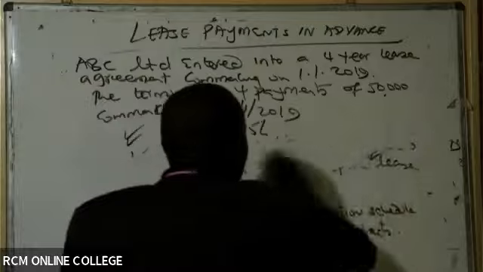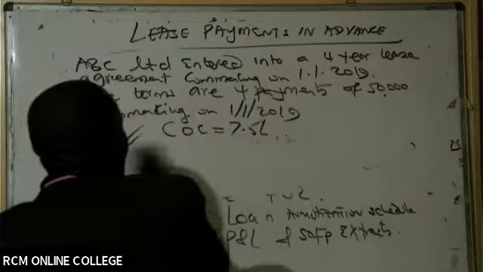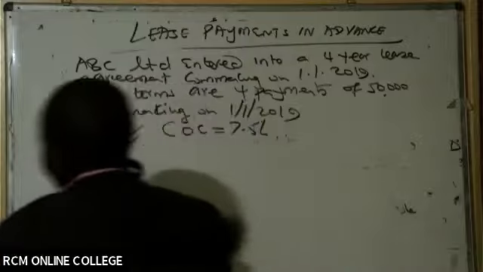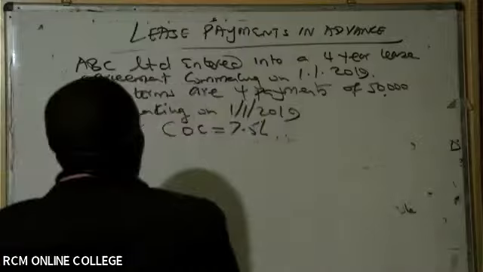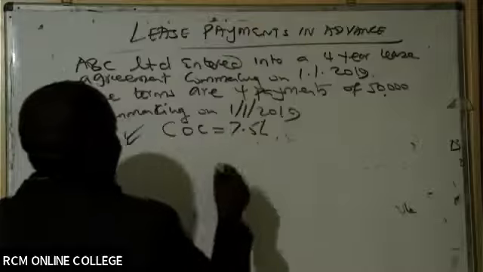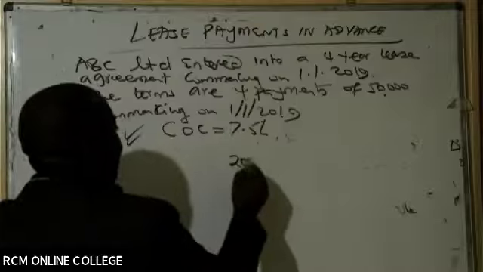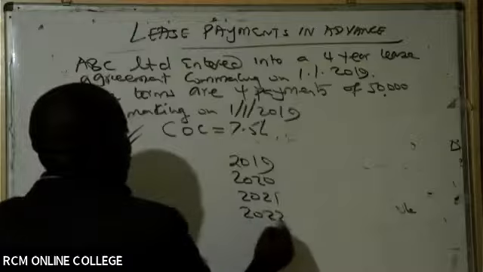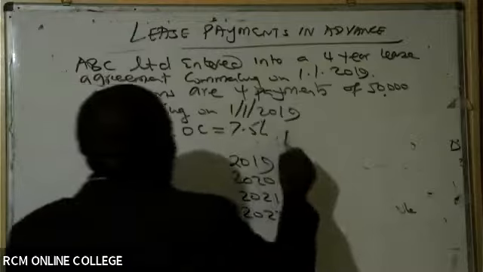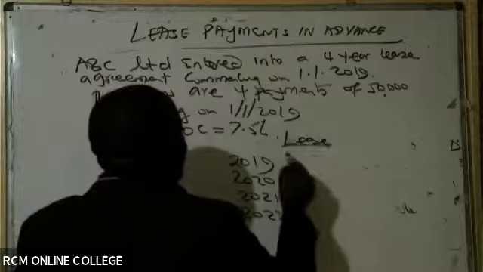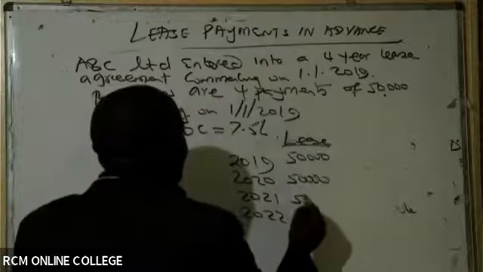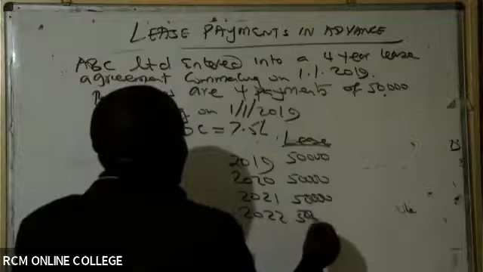Next time it will not be given. So you see, these are 4 installments: 2019, 2020, 2021, 2022. So here they pay 50,000, 50,000, 50,000, 50,000.